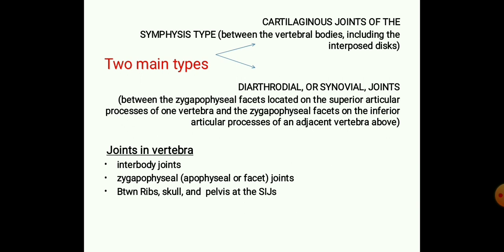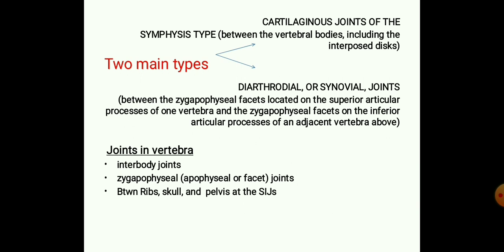The second type is the diarthrodial or synovial joints.